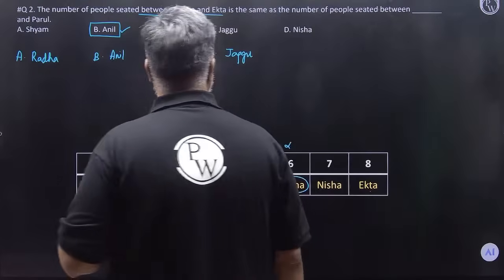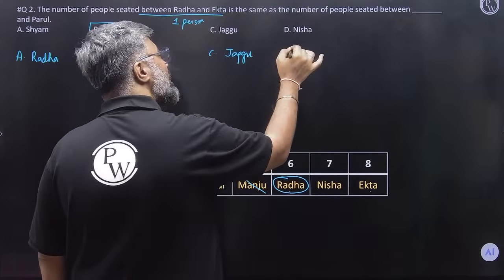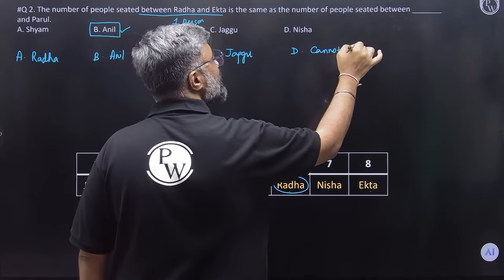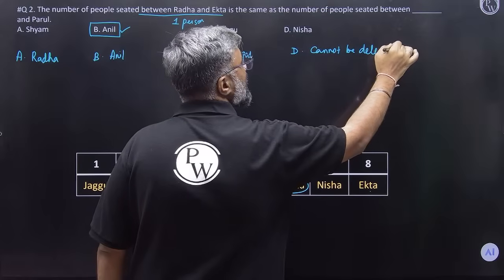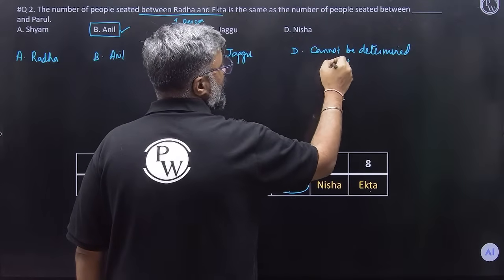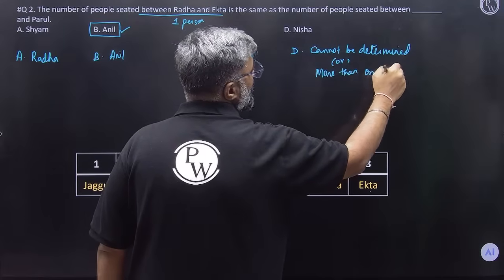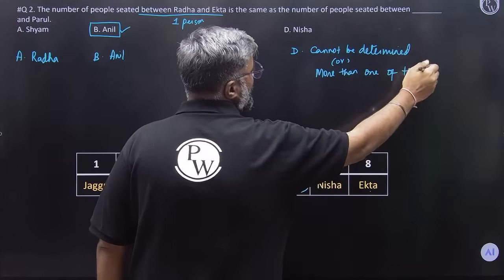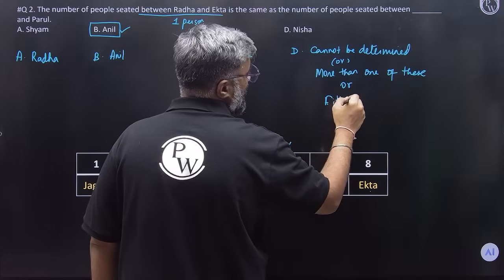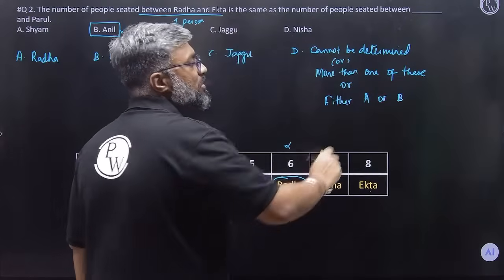If this happens, then mind you, there will always be one option that says either cannot be determined, or more than one of the above, or either option A or B. One of these options you will definitely have.